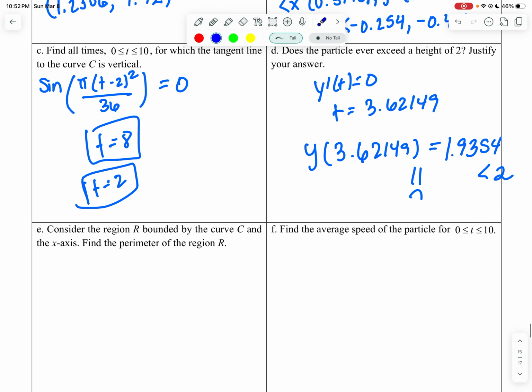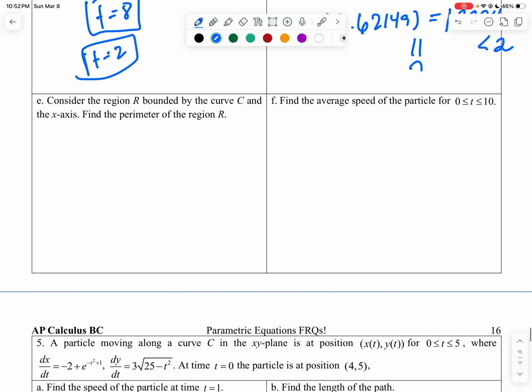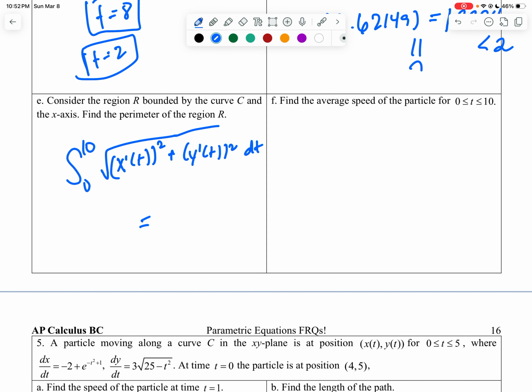Consider the region R bounded by the curve C and the x-axis. Find the perimeter of region R. Notice how it's from 0 to 10. So we're going to go from 0 to 10, and then we are going to do the integral of x prime of t squared plus y prime of t squared dt, and that gives us 6.8738.